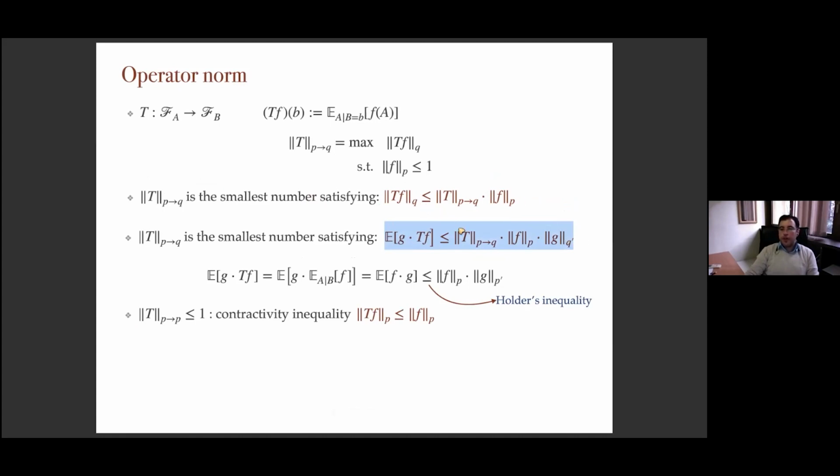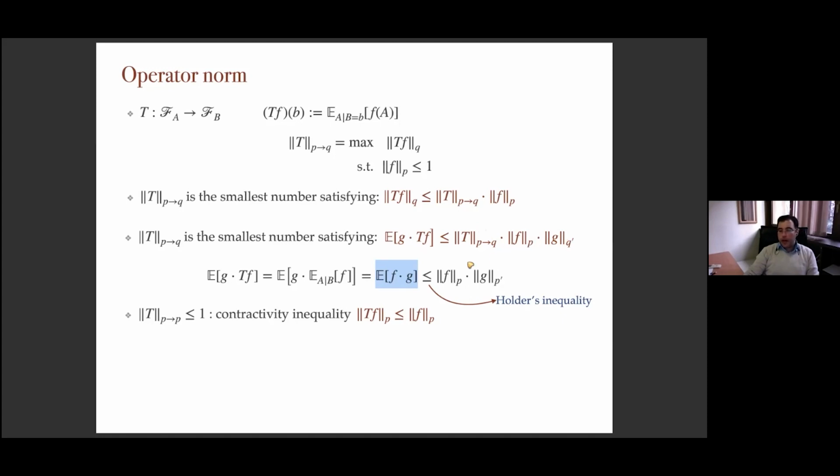We want to optimize over a G whose Q prime norm is bounded, or you can scale both sides by the norm of G. And we just saw in the previous lecture that the expectation of G times T of F is nothing but the expectation of the product of F and G. Okay, so the P to Q norm of T is the best constant such that the expectation of FG is at most that constant times the P norm of F times the Q prime norm of G.